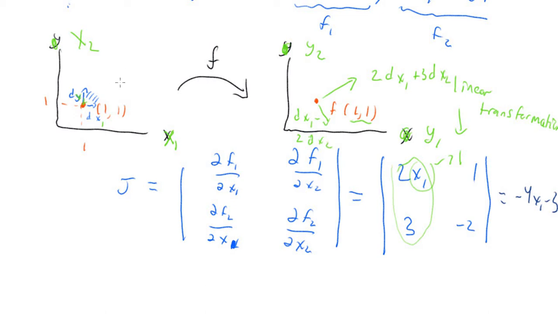So what's the derivative? The derivative is this linear transformation. It's exactly this linear transformation here. So we can think of derivatives as being equal to linear transformations.